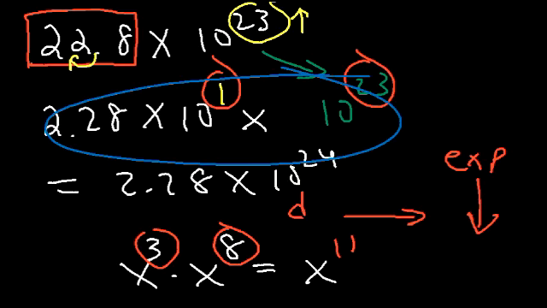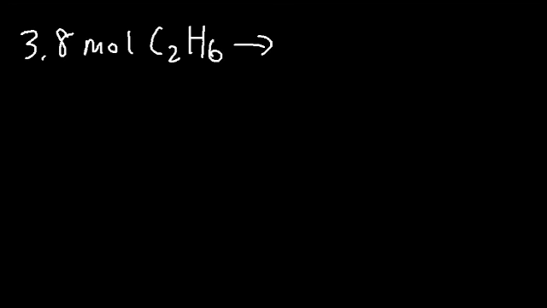So now let's say we started with 3.8 moles of ethane again, but this time instead of converting it to molecules of ethane, let's say we want to find the number of atoms of hydrogen. How can we do it?